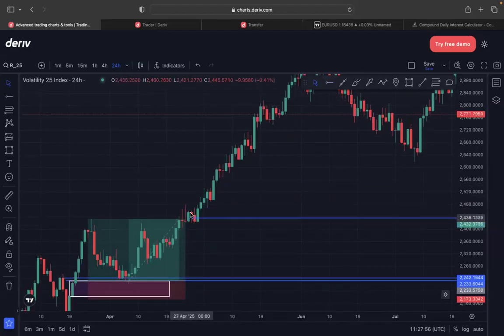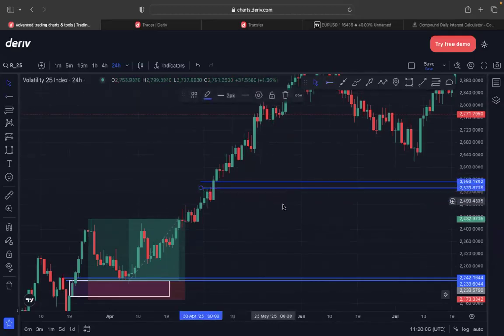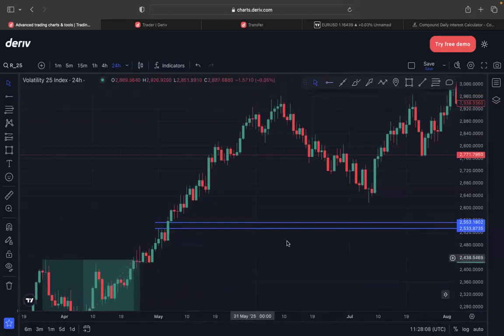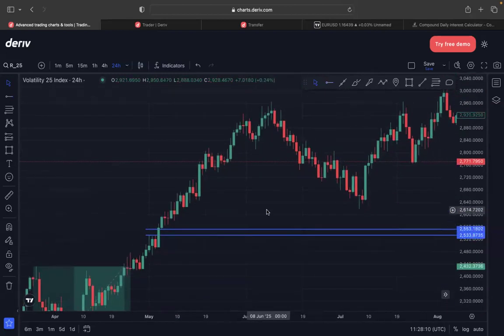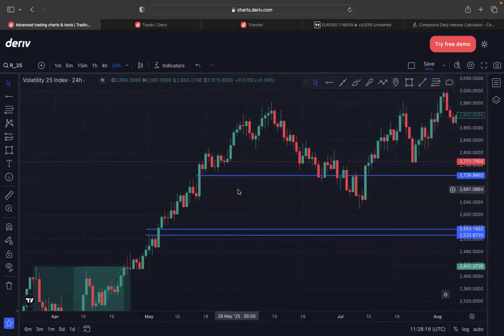There is no order block right here. There is one right here, as you can see. There's another order block right there. Let's see if there's another one. So there's a fair value gap here, which means there is another order block right there.